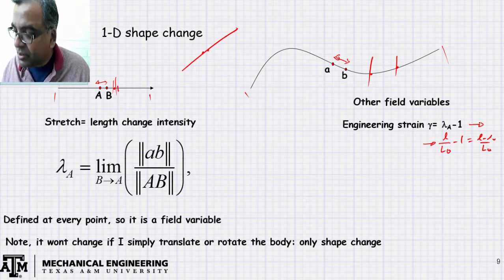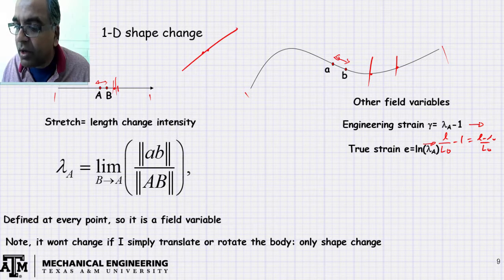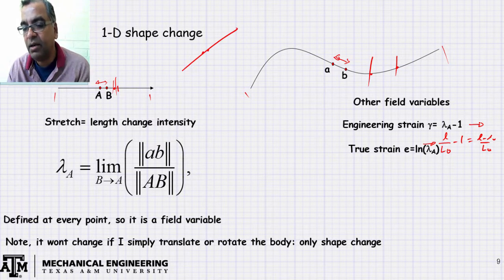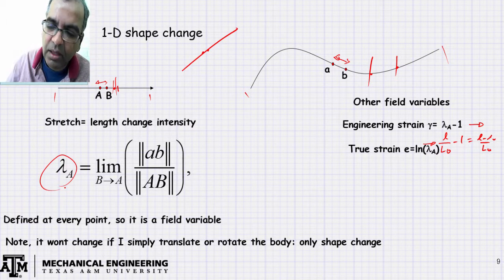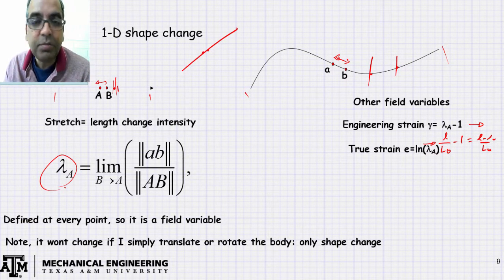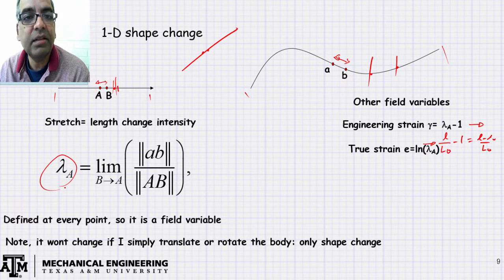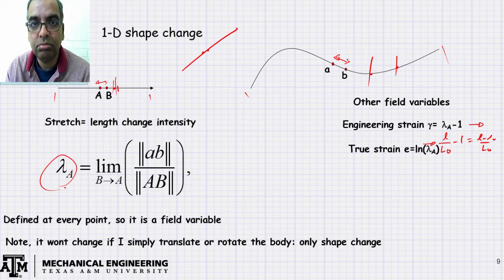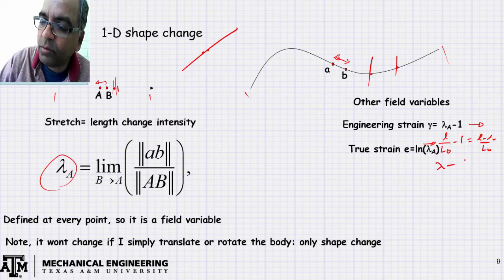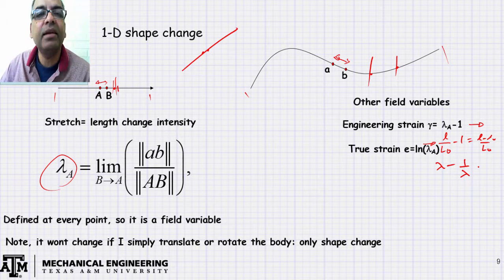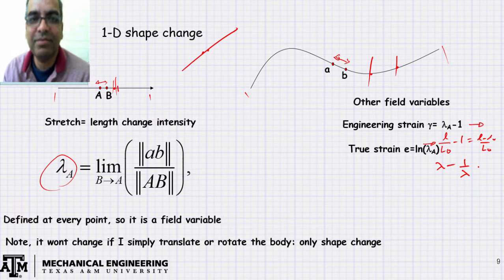So a better definition, and in many cases a very useful definition, is what is called true strain, which is log of this thing, log of the stretch. But I got to tell you, there is nothing special about log. There is nothing true about true. It's just convenient. For all you know, you could have defined (lambda minus 1) over lambda, and it will have exactly the same properties as true strain.